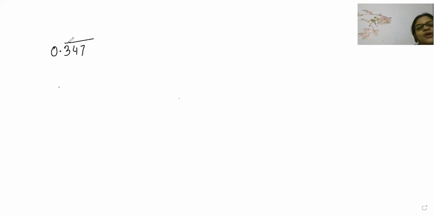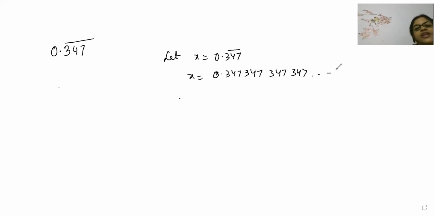Very good. Super. So again, we will write let x is equal to 0.347 bar. So it will come 0.347347347, like this it will go. Very good. Now multiply by 1000 on both sides. This digit will shift 3 digits, 347.347347, and so on.